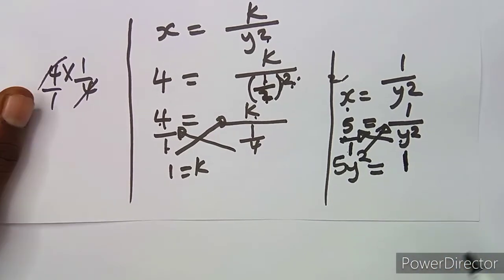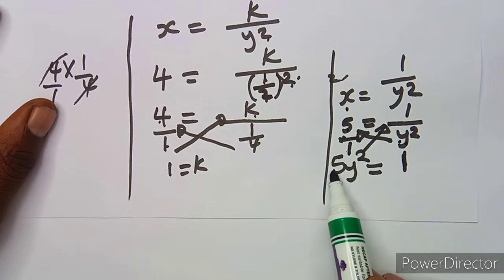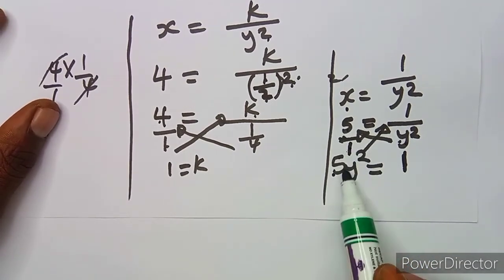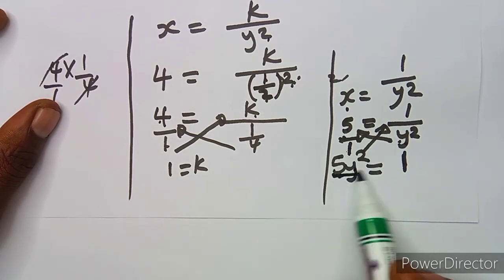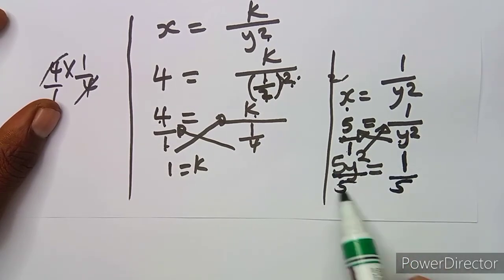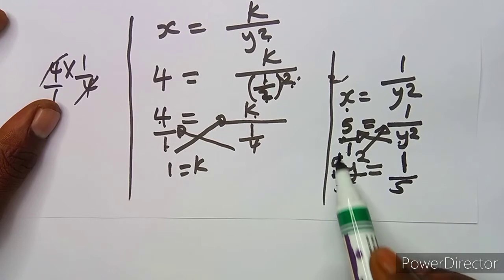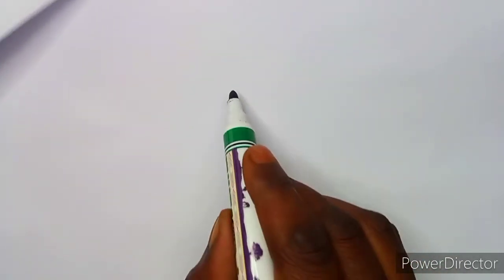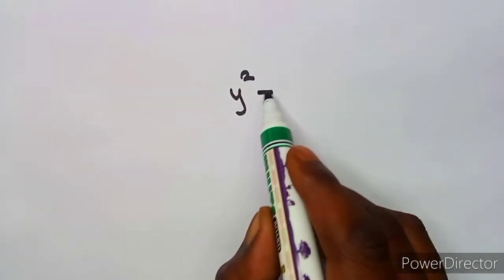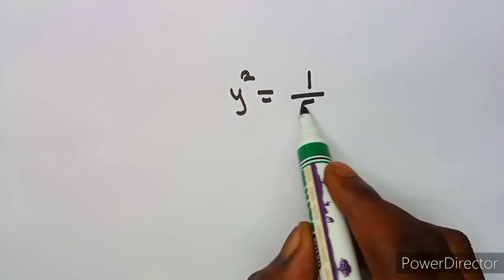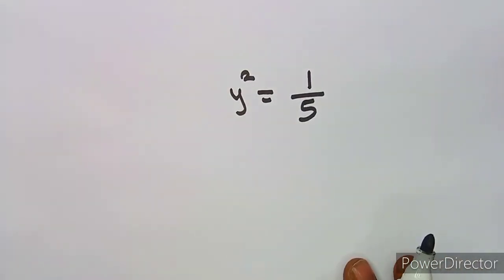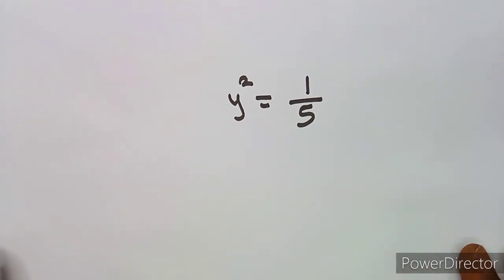So now you have 5y squared equal to 1. Remember, to have y squared here, you divide by 5 both sides. If you divide by 5 both sides, you are going to remain with y squared, which is equal to 1 over 5. Guys, at this stage, please be careful how you answer your question.